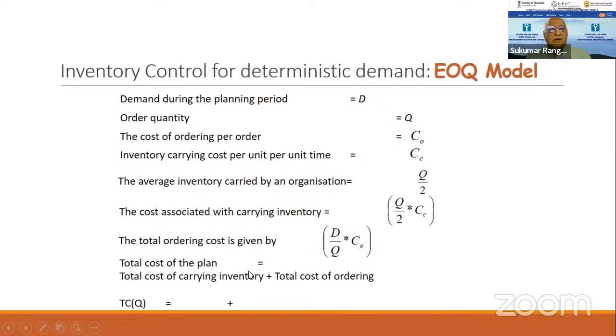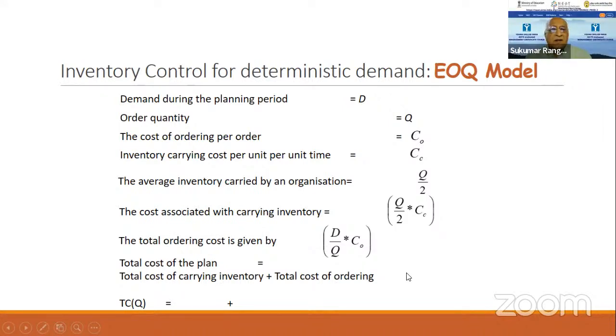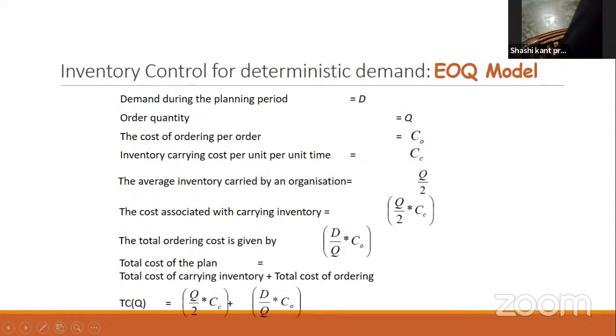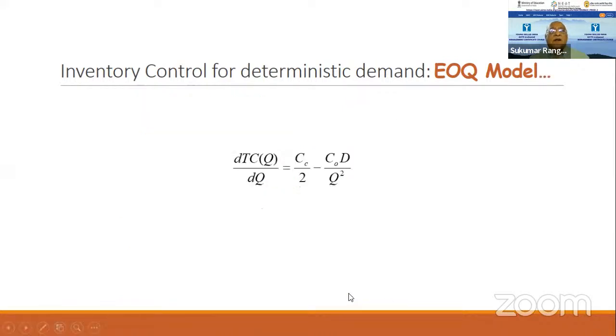So the total cost of the plan is equal to the total cost of carrying inventory plus the total cost of ordering, and that is equal to Q by 2 into CC, what you saw here, plus D by Q into CO. That is the total inventory carrying cost plus the cost of ordering.